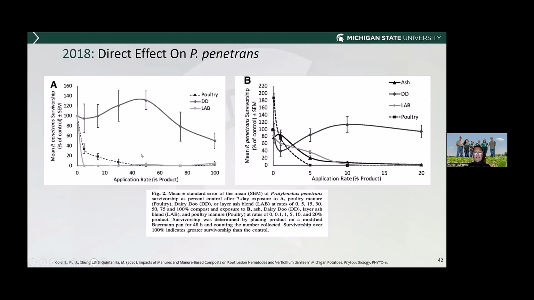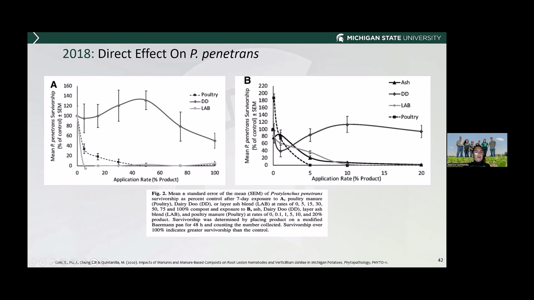This graph right here shows different concentrations of compost. For example, this first one is 95% sand, 5% manure compost. This is a kind of old experiment that was published in Phytopathology, you can see the link down there, by Emily Cole, my student.